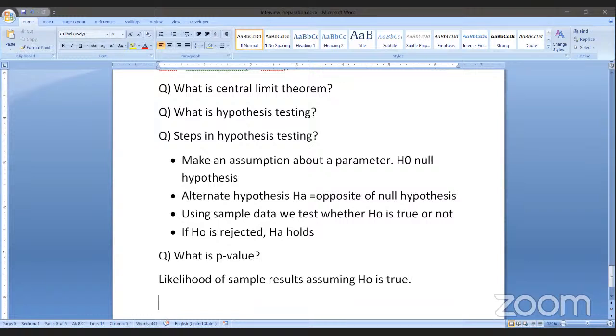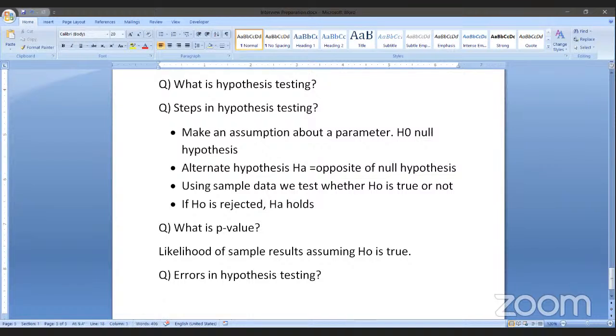Okay, so regarding null hypothesis, we have two kinds of errors. Errors in hypothesis testing. Yeah, probability, obviously it ranges from 0 to 1.